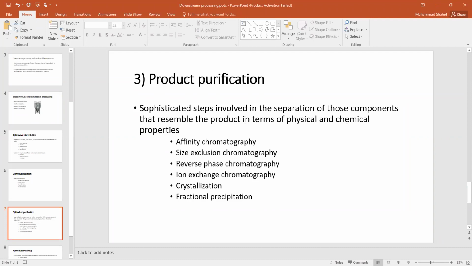So here our purpose is to separate out our desired product from many other solutes that may resemble it in terms of physical and chemical properties.